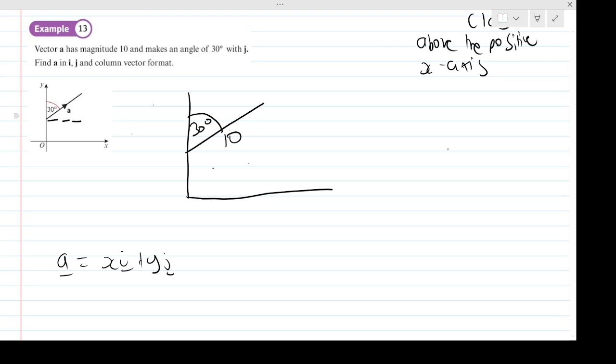It's going to be there, so that's xi, and then we go up, and that'll be the j component or the y part, so yj. So we're going to go some length x across, and then y up. Then you can start to see a triangle form, hopefully.